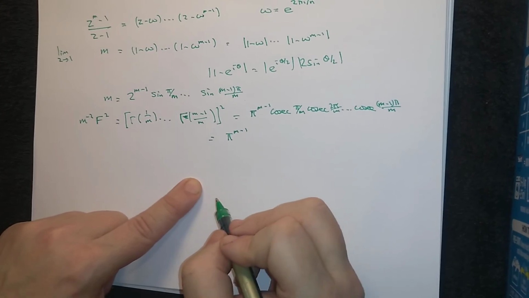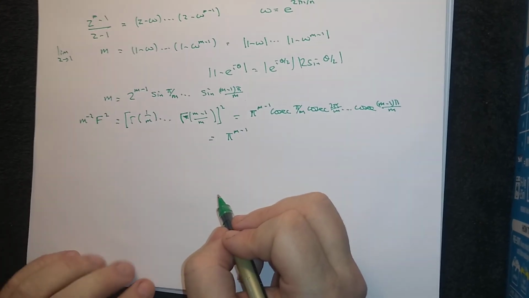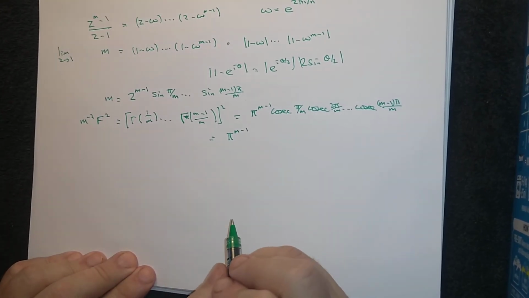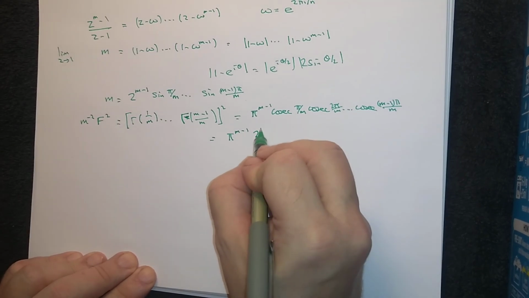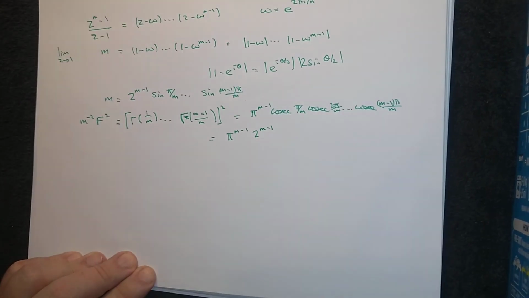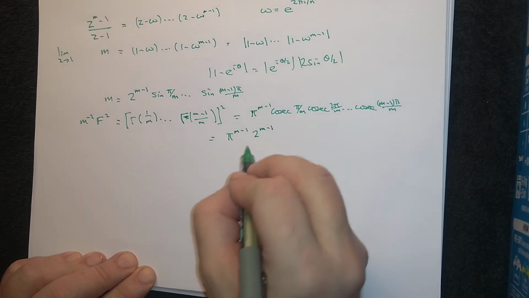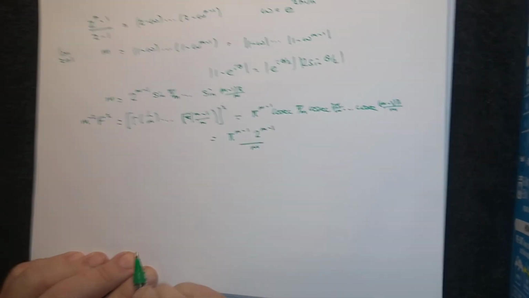Pi to the n minus 1. The product of all of these things will give me 2 to the n minus 1 divided by m.